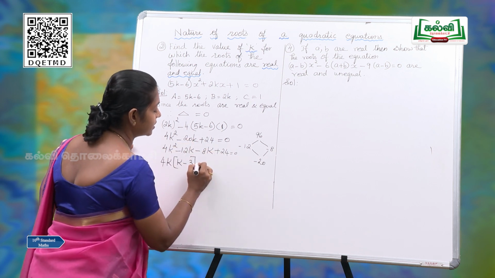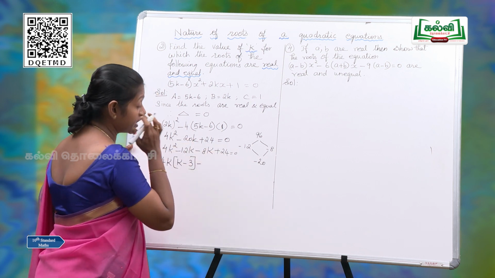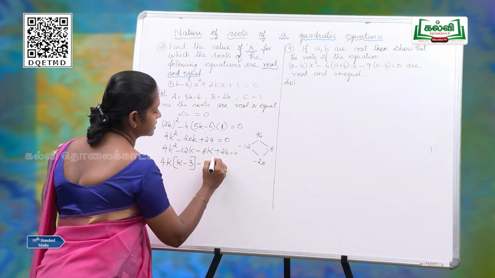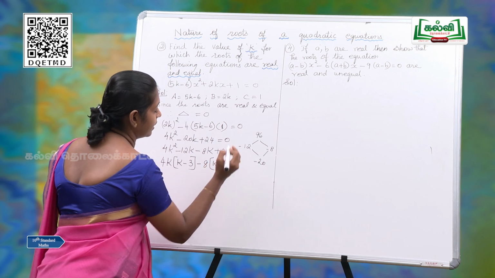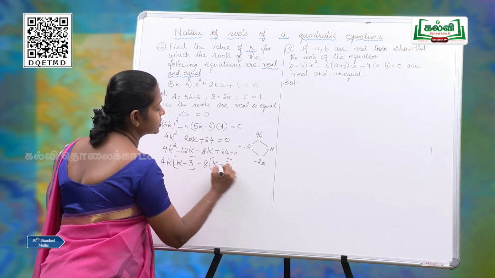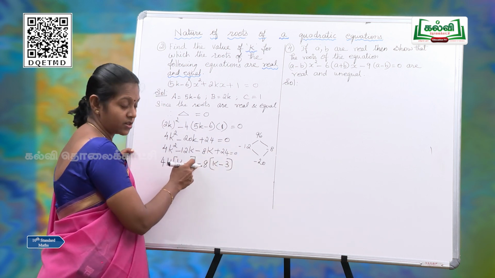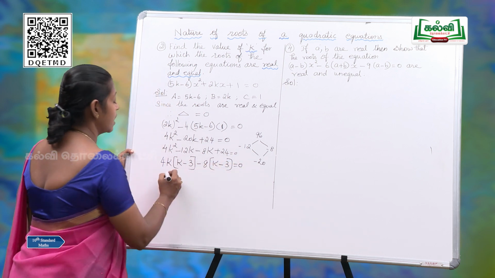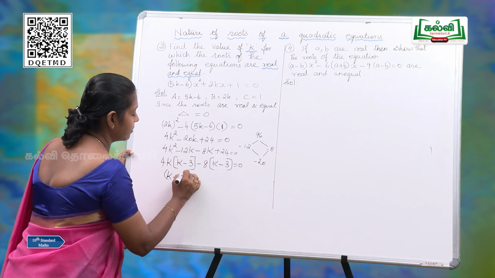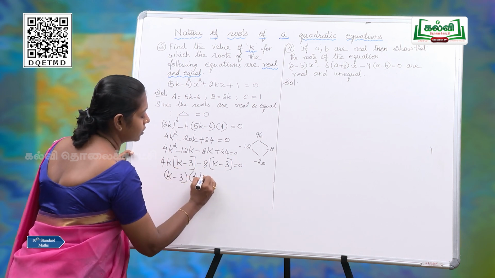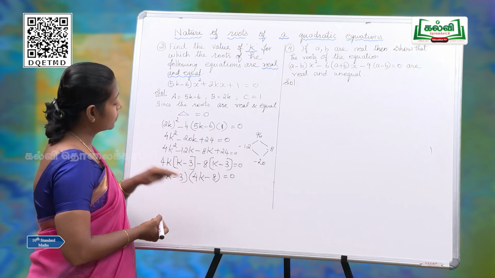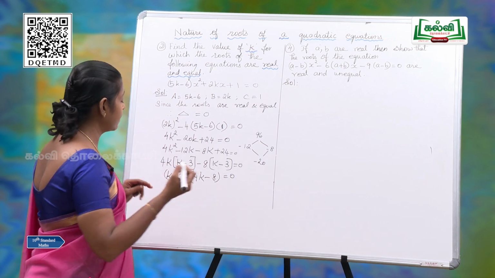And what is common in the other two? Minus, both will be divisible by 8. Good. So, k minus 3, because I have taken minus out as a common term, which is equal to 0. And you all know k minus 3 and 4k minus 8 will be the factors.